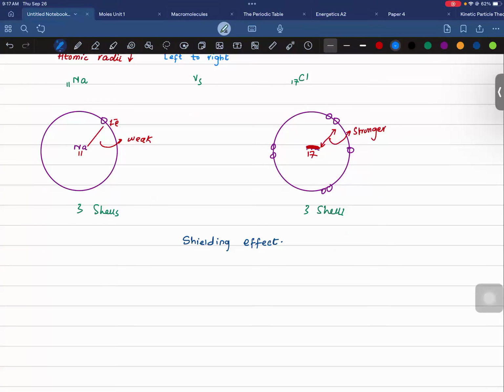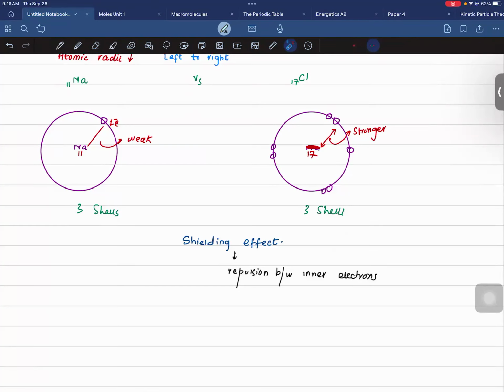Shielding is nothing but the repulsion between inner electrons. Sodium has 10 inner electrons: 2 in the first shell and 8 in the second shell.